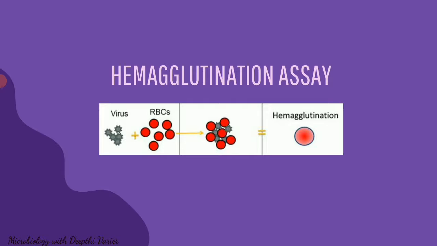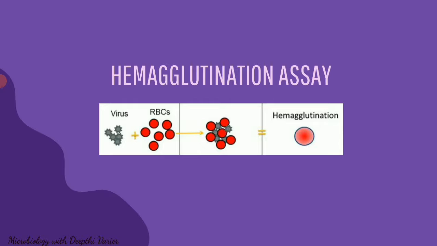What we do here is various dilutions of the viral sample are mixed with 1% RBC solution and incubated for 1 hour. During this time, the viral particles will release the hemagglutinin protein, which will combine with the RBCs and agglutinate or clump them. That agglutination is seen visibly. We can visibly determine the agglutination of the RBCs, and it is expressed as hemagglutination units, abbreviated as HAU.